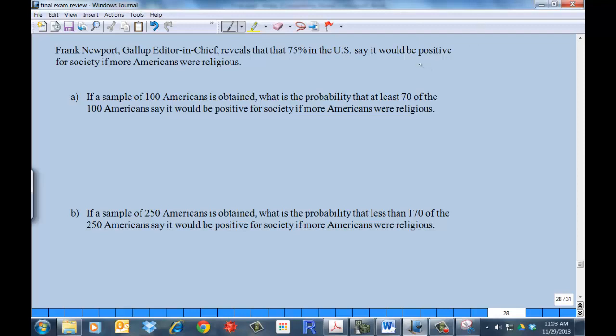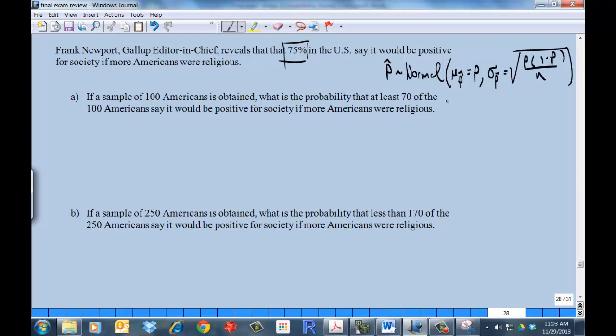If you remember what this looks like, p hat follows a normal distribution with the mean equal to p and the standard deviation equal to the square root of p(1 minus p) over n. And p here is 75%.